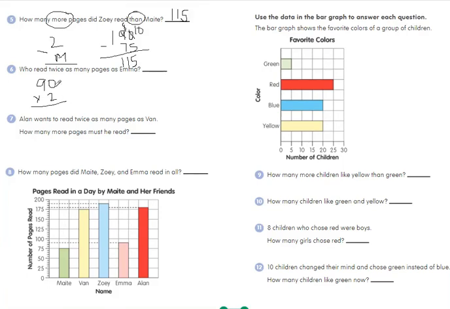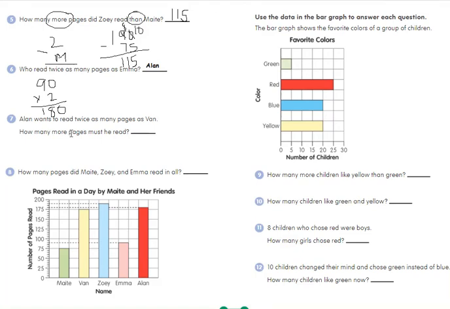So remember, 0 times anything is 0. 9 times 2 is 18. So we have to look to see who read 180 pages. So let's go 175, 180. That would be Alan. So Alan read twice as many pages as Emma.